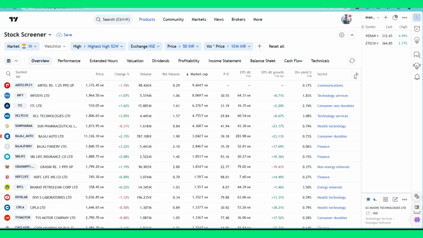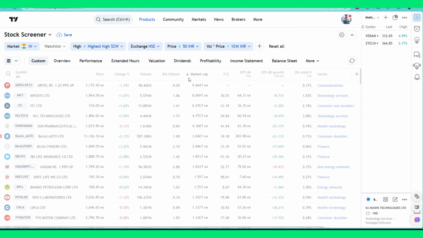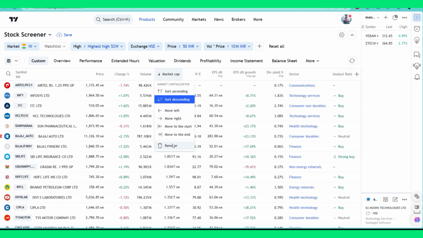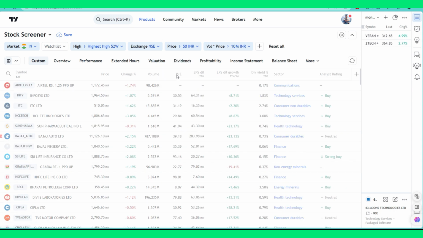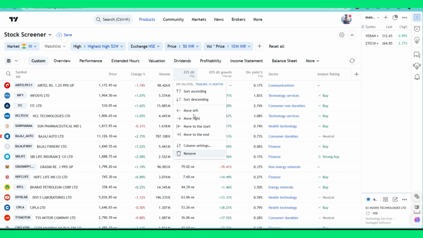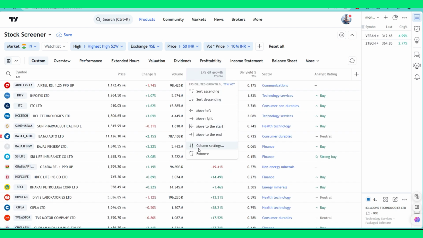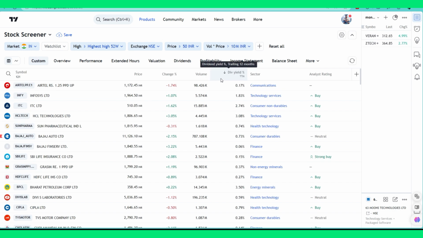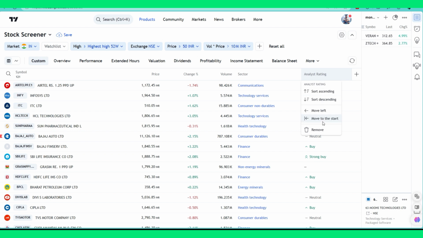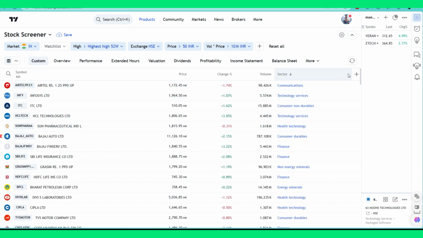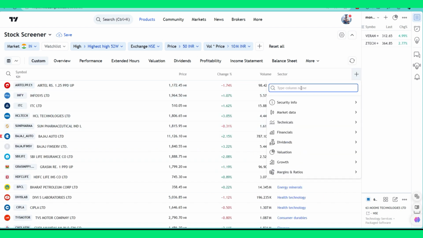Okay. Now let's also put in some sensible columns for us. We want the volume, we don't want relative volume. Remove. Let's add the sector. We don't need analyst ratings. So to this, let's add a section of performance.